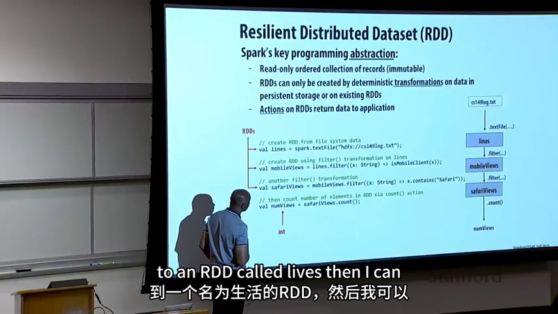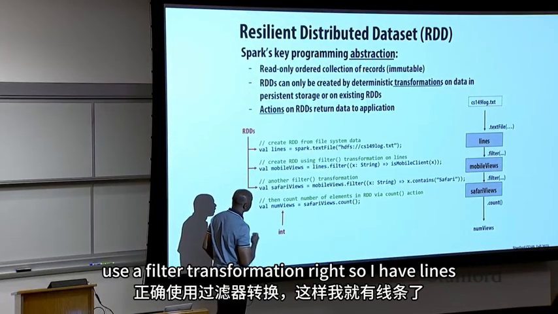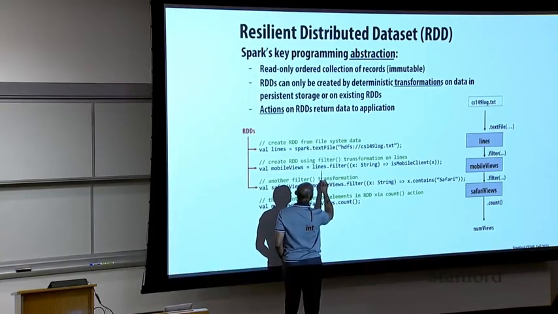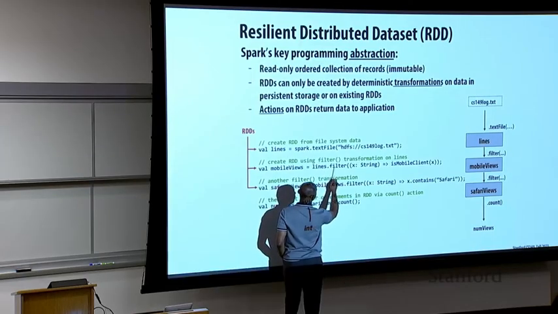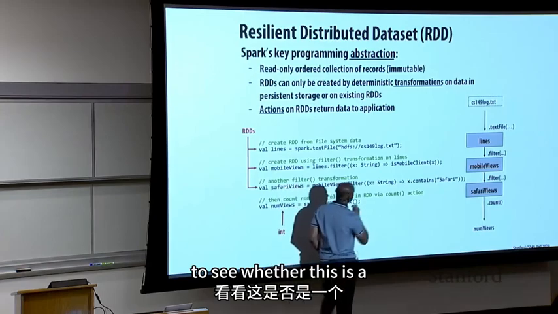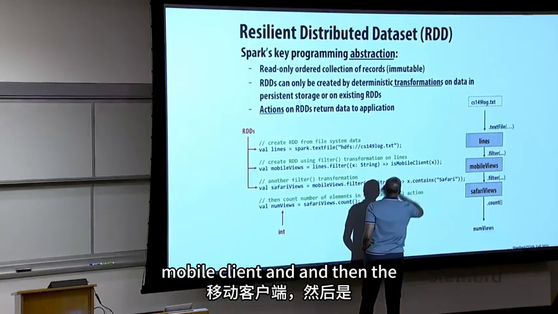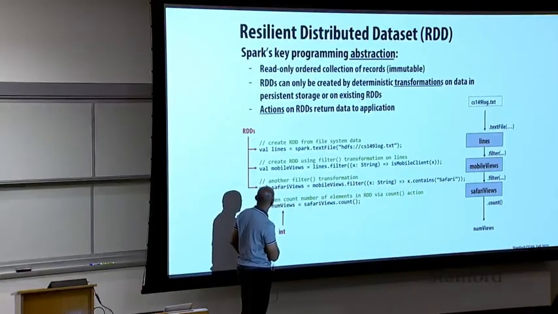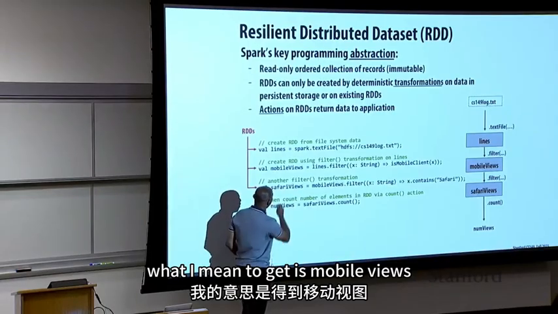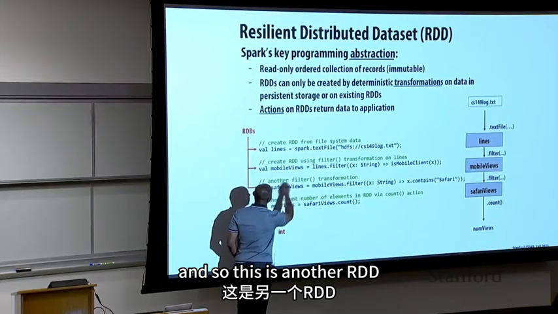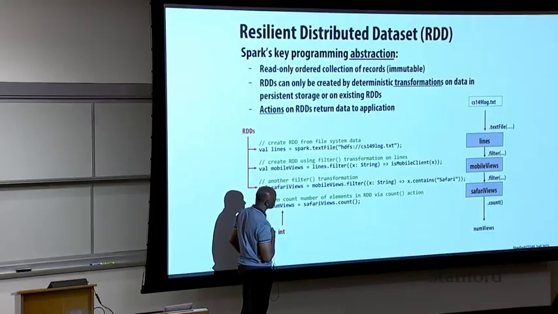Then I can use a filter transformation, right? So I have the lines RDD, and I'm going to apply a filter transformation to see whether this is a mobile client, and then what I'm going to get is mobile views, lines that correspond to mobile views. And so this is another RDD, okay?